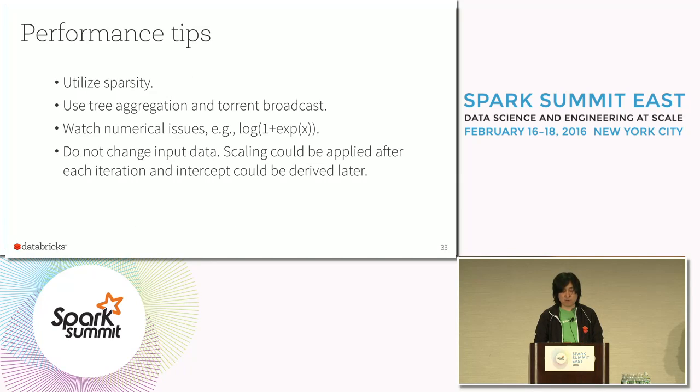And there are also some performance tips we learned through the implementation, like how to handle sparsity, how to make the communication efficient, and how to solve numerical issues like this one if you want to compute log(1 + exp(x)). If x is super large, you just get overflow directly before you reach the log function. So we need to take care of all those issues, and we need special handling on the transformation so we don't modify the input data because they're usually large.